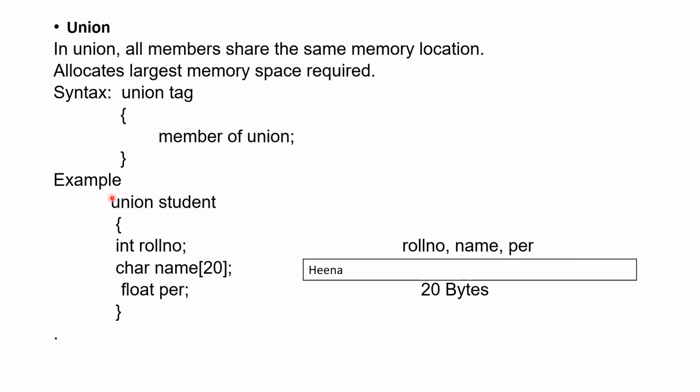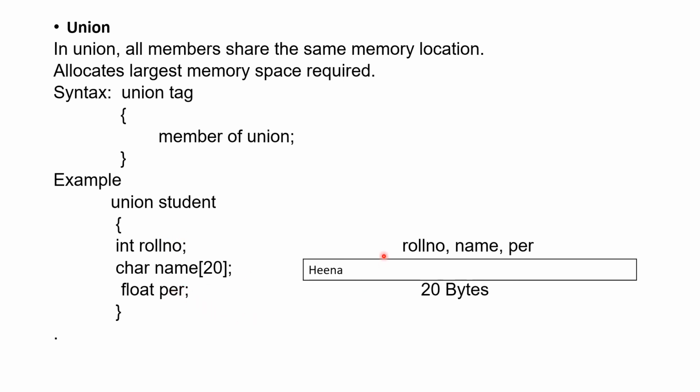For example, I took the same example that I took for the student, union student, and within the curly opening and closing brackets I wrote the members of my union. Now in this case it will not allocate separate memory for the roll number, separate memory for the name, and separate memory for the percentage.